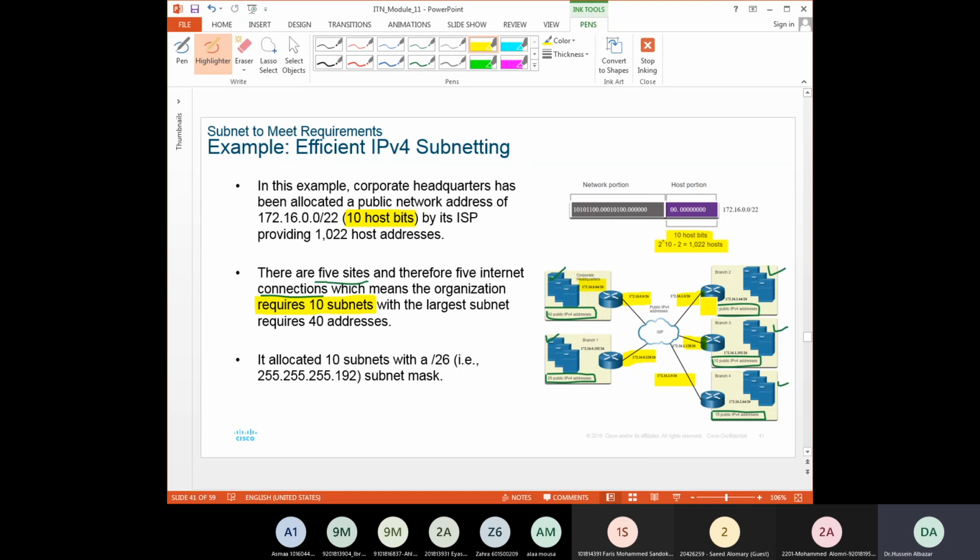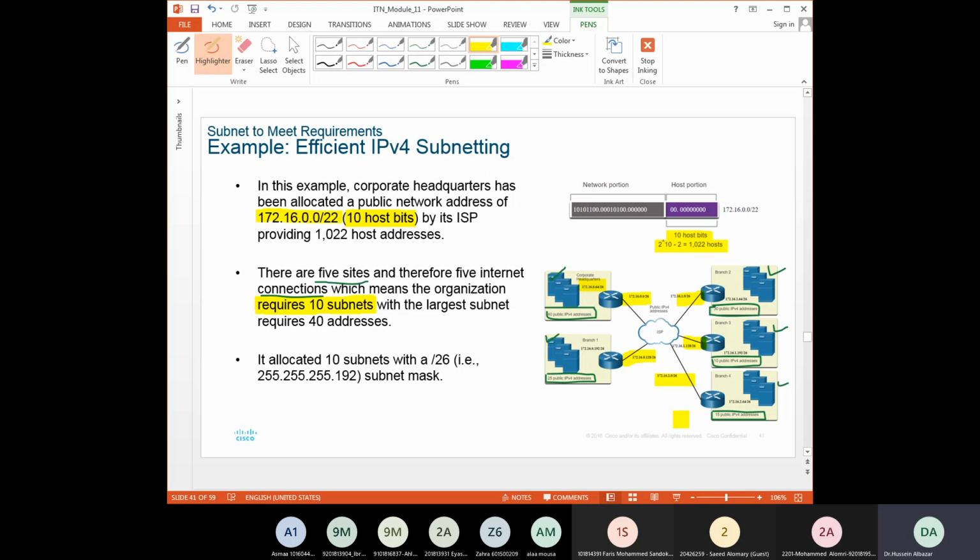So the question is the following. How many bits should we borrow in order to subnet the original network with a /22 prefix to a number of subnets meeting our requirements? So how many bits should we borrow from the host portion?